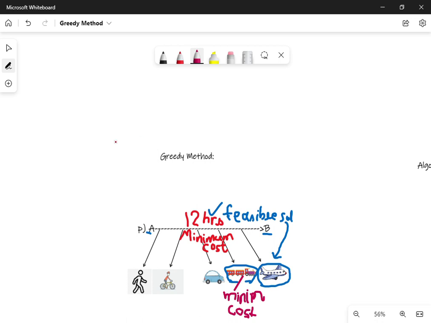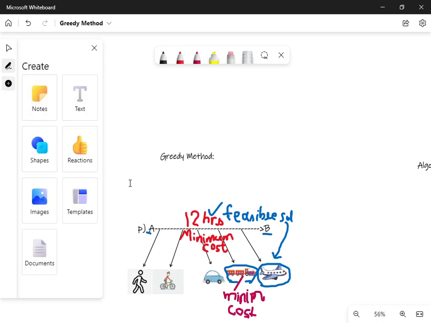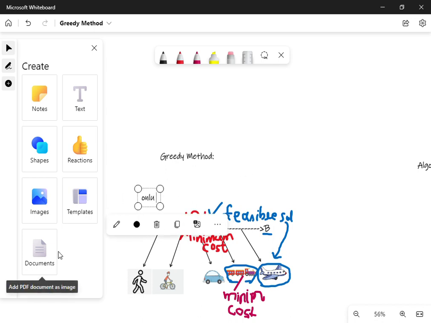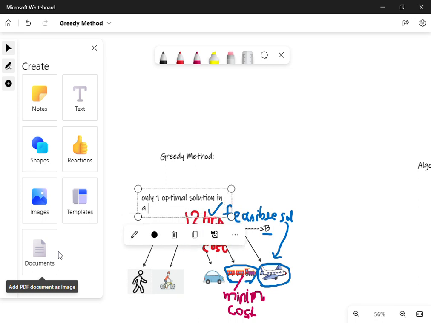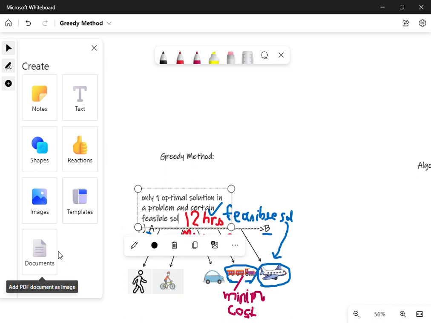Let me tell you one thing, there can be only one optimal solution in a problem, and certain feasible solutions in a problem.